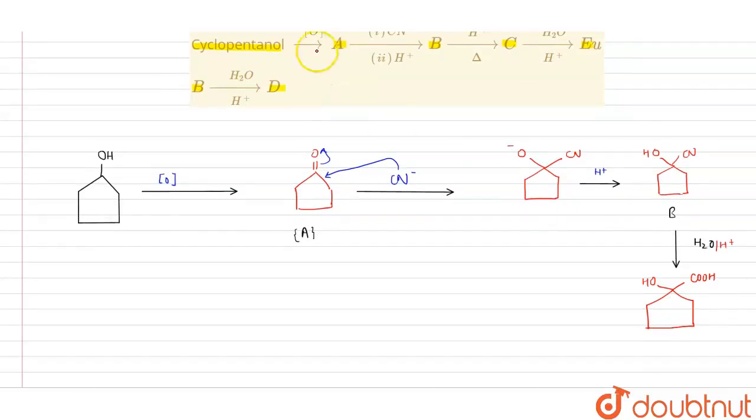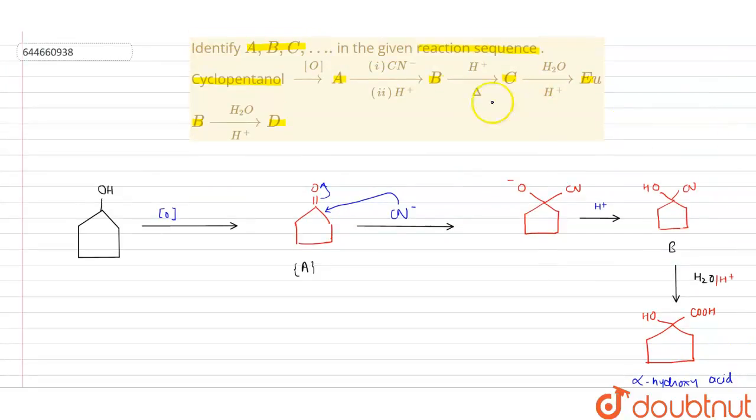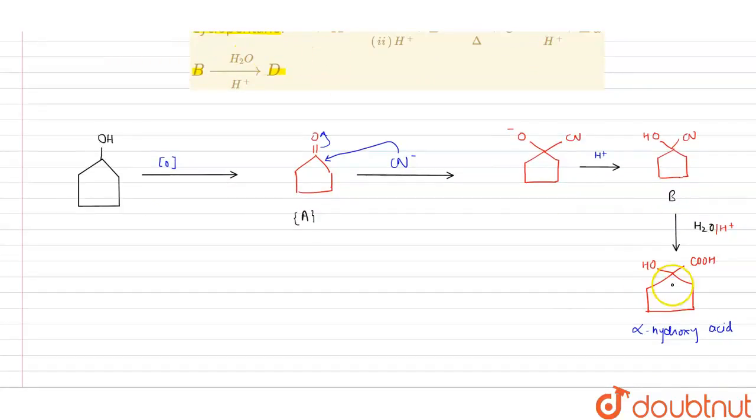So this is called alpha hydroxy acid. Now again we proceed in this manner. This is D, this is B.